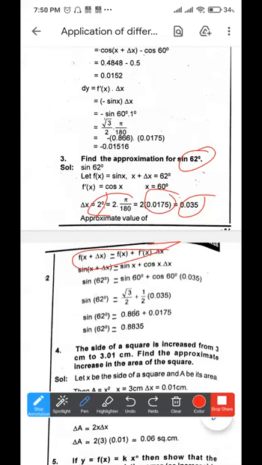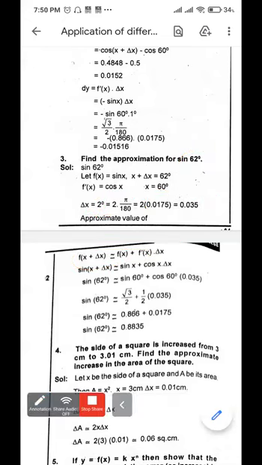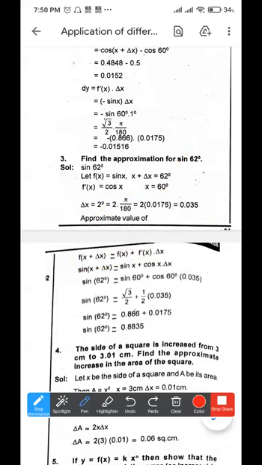So in this question, sin 62 is given to us. Sin 62 can be written as 60 plus 2. Okay. Differentiation of sin x is cos x. Sin 60.